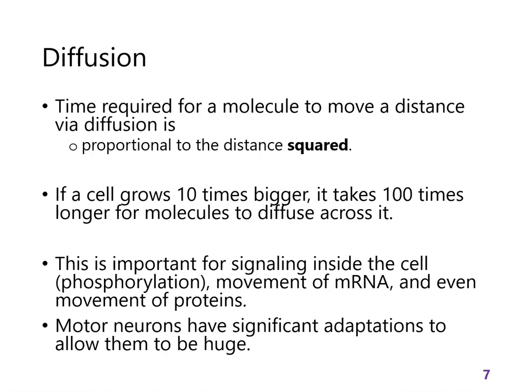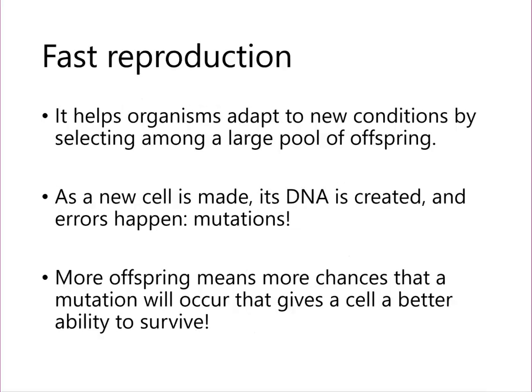How would anything get from one end to the other? Well, the answer is, if it's by diffusion, it won't. It's on the order of like a century for a molecule to diffuse a meter. So there must be other ways of making it happen, and our motor neurons certainly have those other ways.